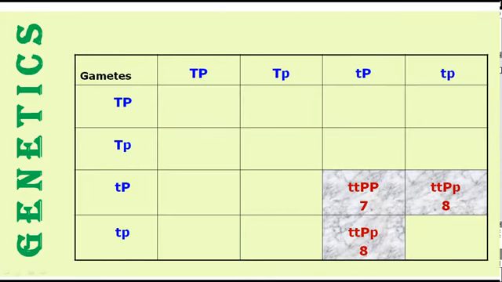The same will be with the 3 with small t, homozygous recessive. But in the first one, there are 2 capital P, and in these 2, there is 1 capital P, 1 small p. And here, both copies will be small t, small t, small p, small p.